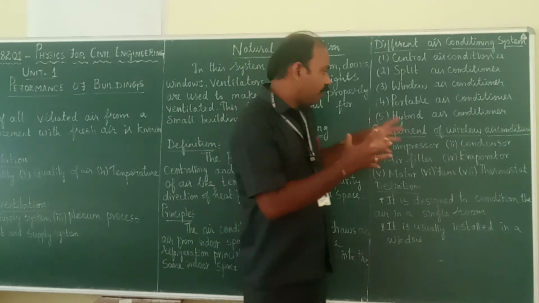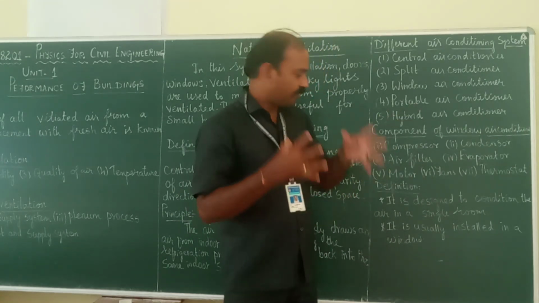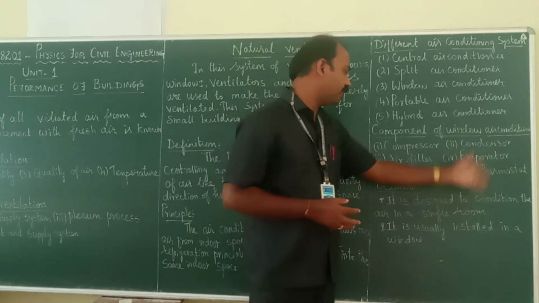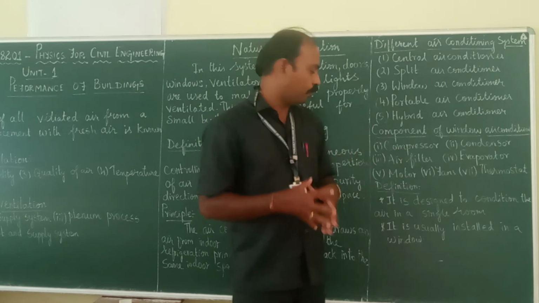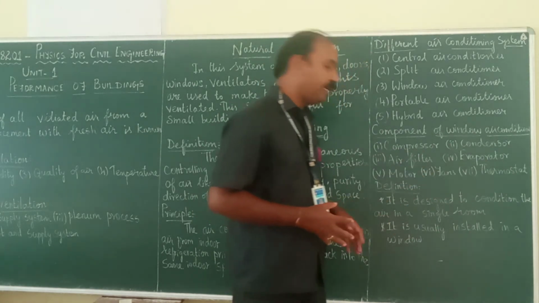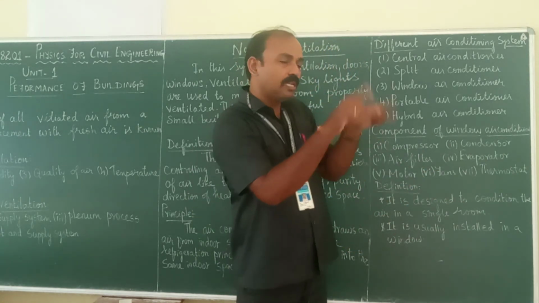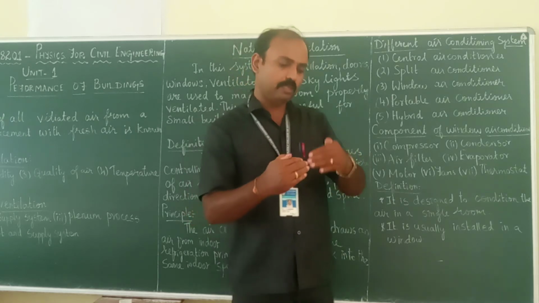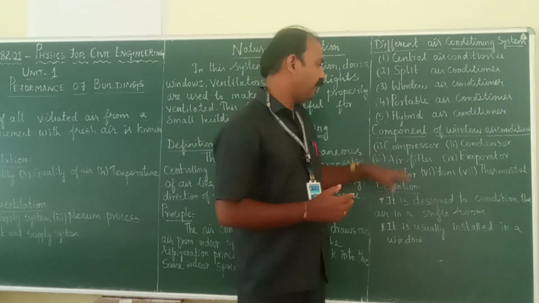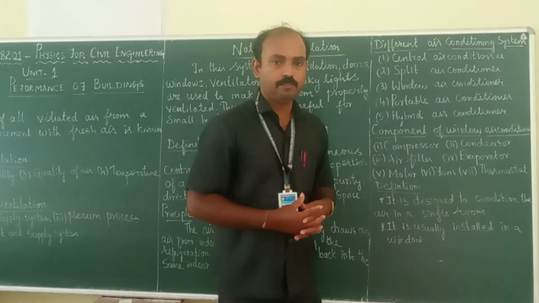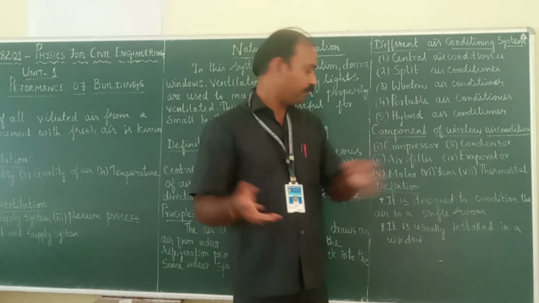Then what is meant by a window air conditioner? It is designed to condition air in a single room, a small single room, and is usually installed in a window. The device is somewhat of an old stage or older one. Nowadays the split AC is used in most places.